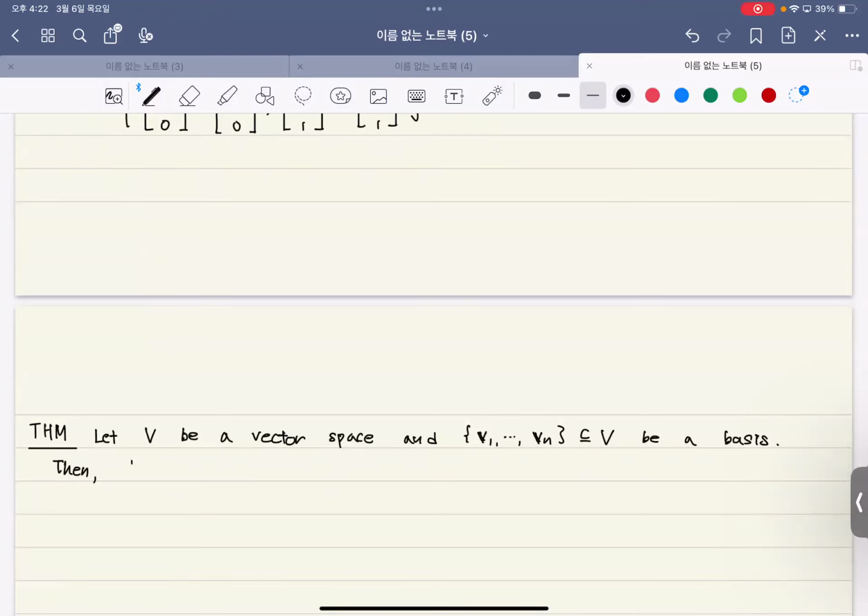In this case, for any vector there is a unique set of coefficients from C1 to Cn such that, once a basis is chosen for some vector space B, you can find a unique set of coefficients so that the linear combination of V1 to Vn is the vector V.